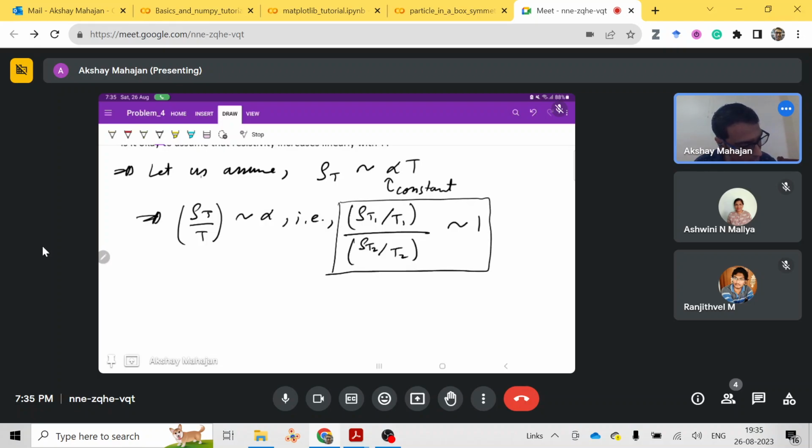We obtain this when we assume that resistivity is changing linearly.